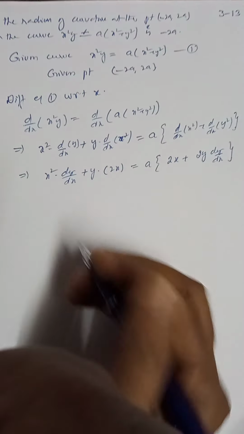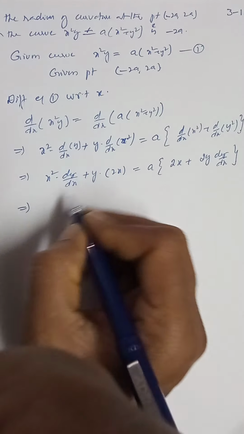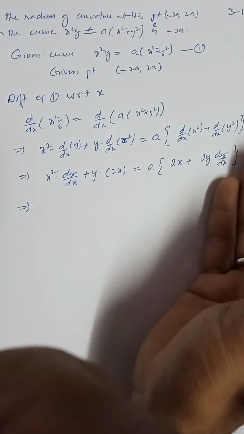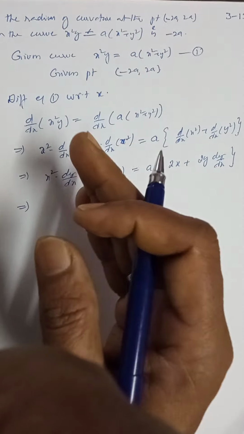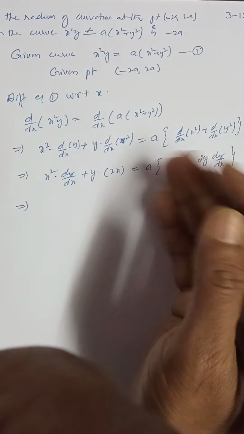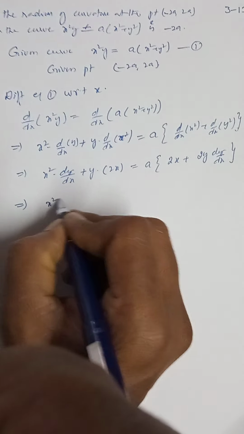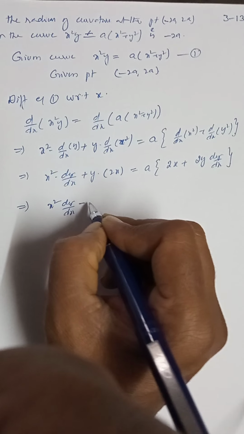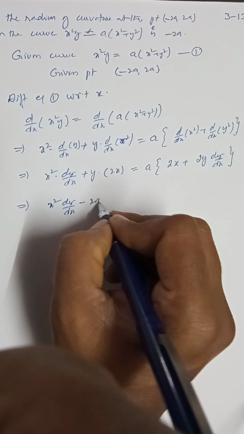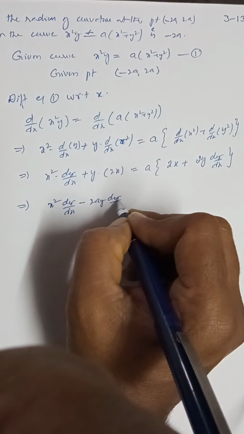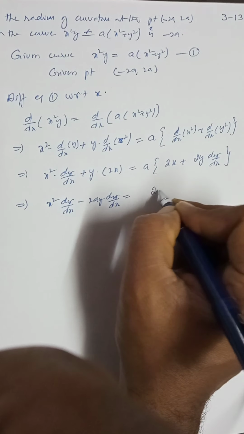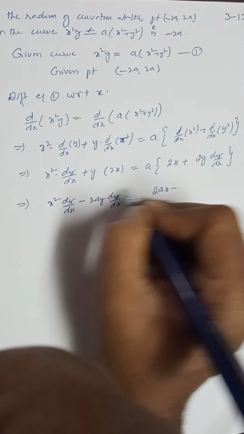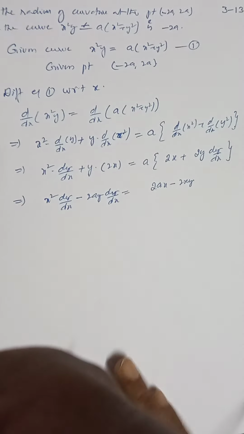Right? Now we shift all the dy terms to the left hand side and the other terms to the right hand side. Now what do you get? x square into dy by dx minus 2ay into dy by dx is equal to 2ax minus 2xy.